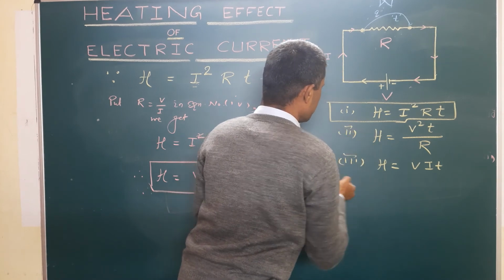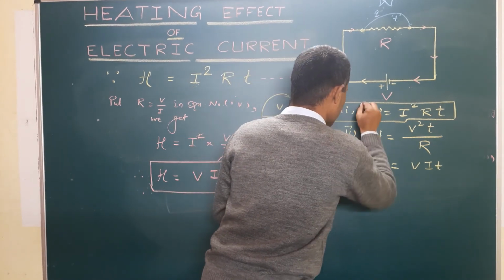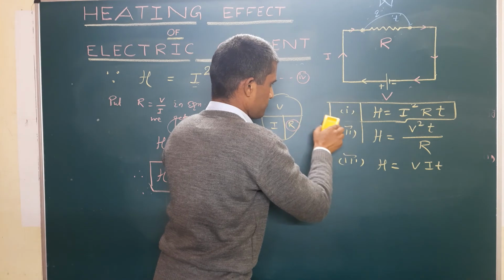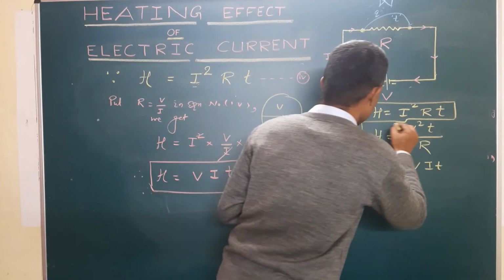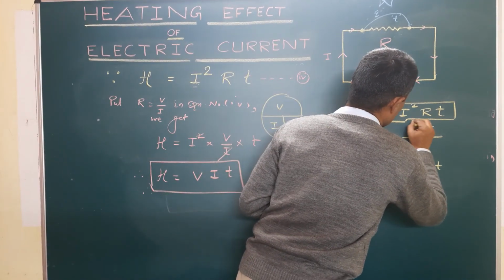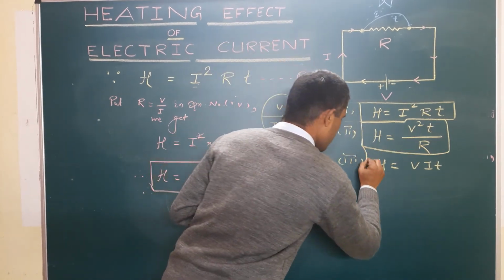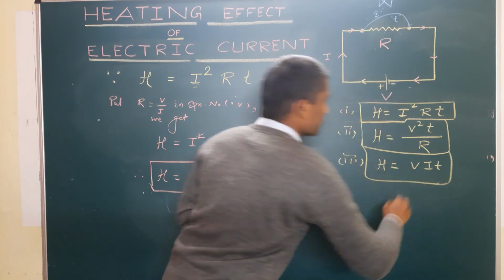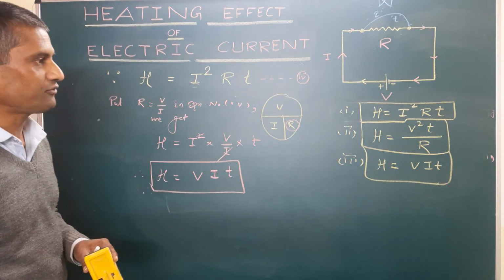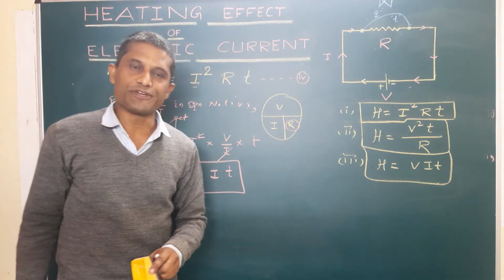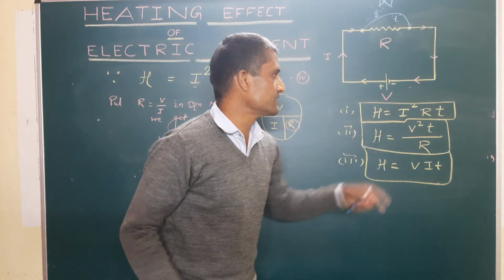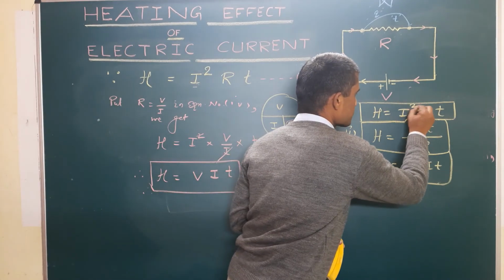So all these are representations of Joule's law of heating effect. H is equal to I square RT.